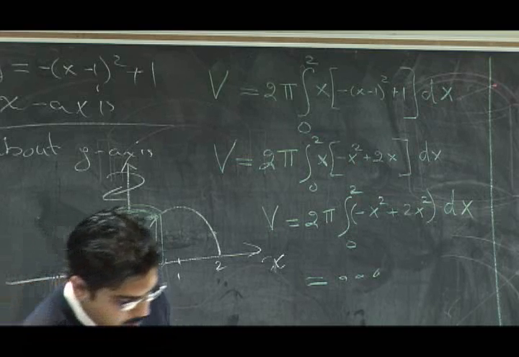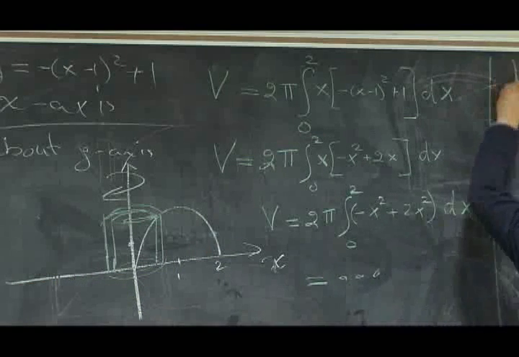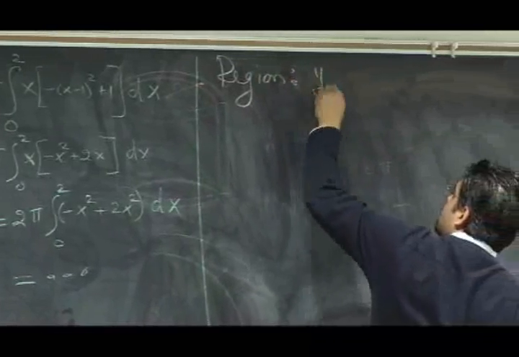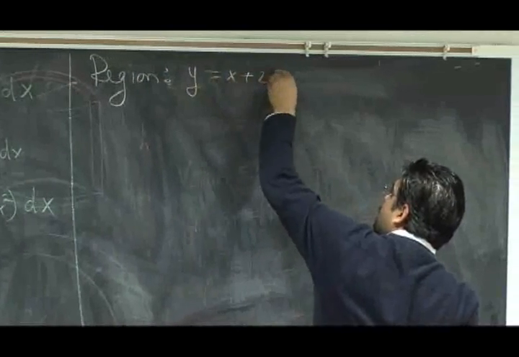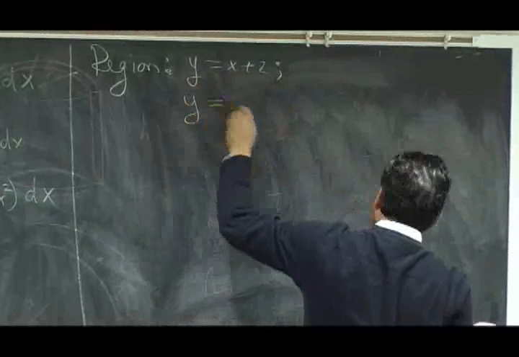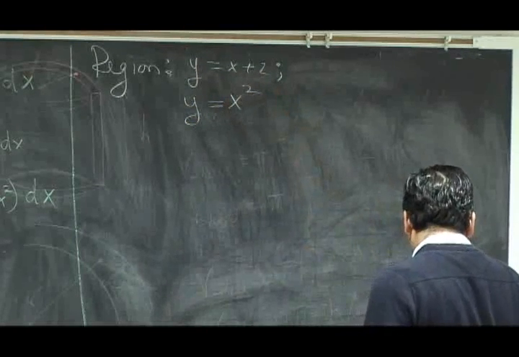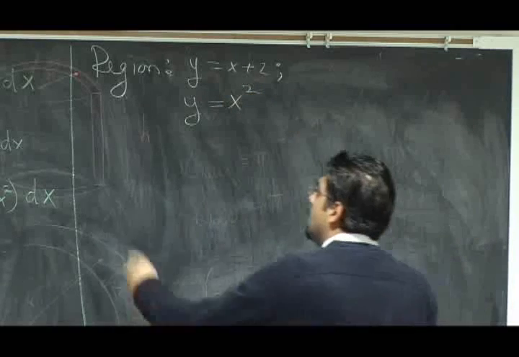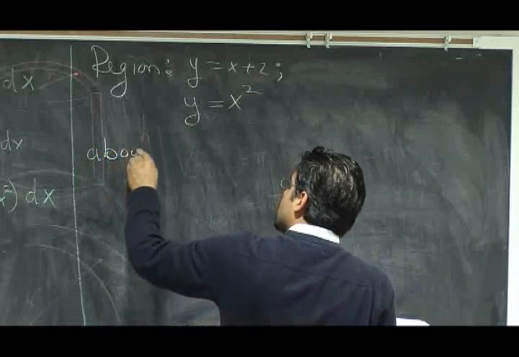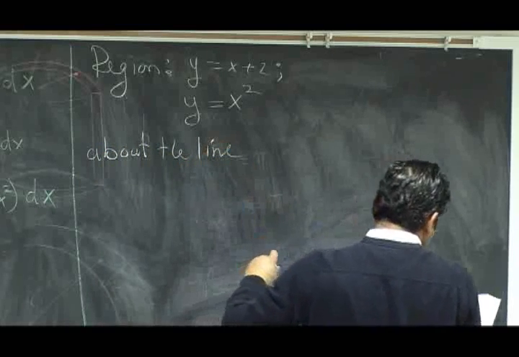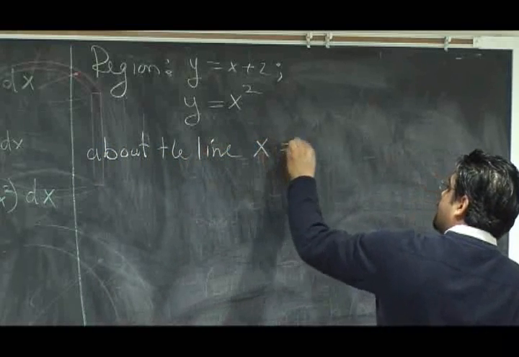The region is bounded by y equals x plus 2, y equals x squared, about the line x equals 2.